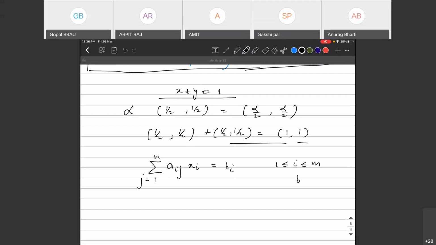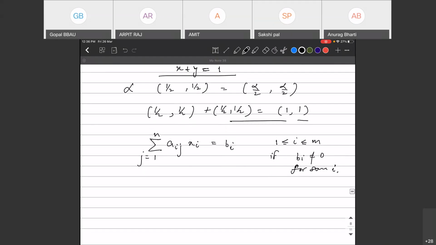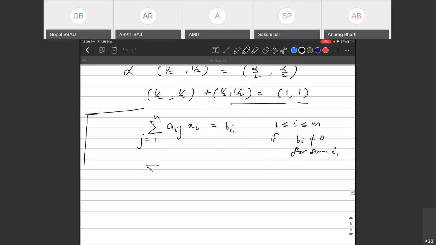If some of the b_i are non-zero, then there is an associated homogeneous system. That homogeneous system is given by this. We just replace b_i by 0.